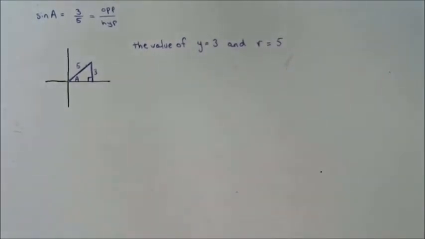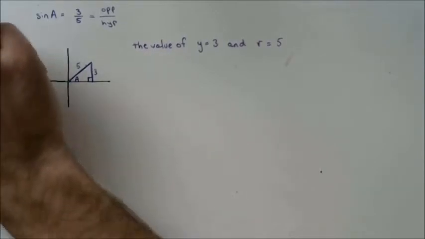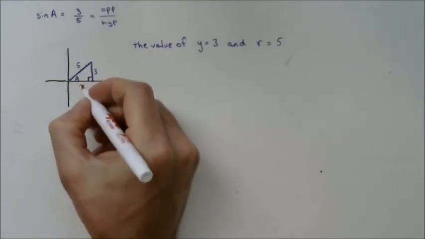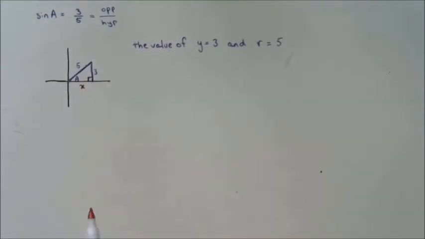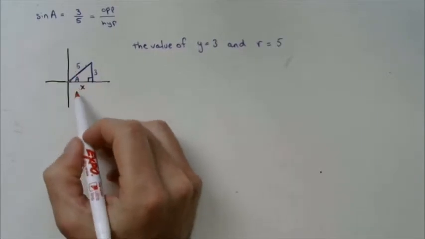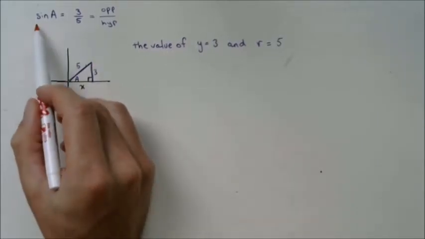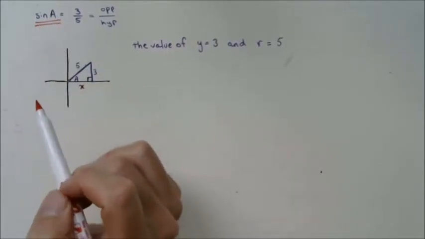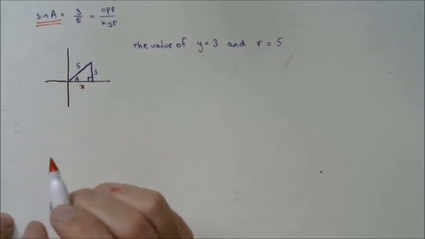Our next step is to determine the value of the adjacent side, our x value. Then we have all 3 sides of this right angle triangle, and we can generate all of the primary trigonometric ratios.